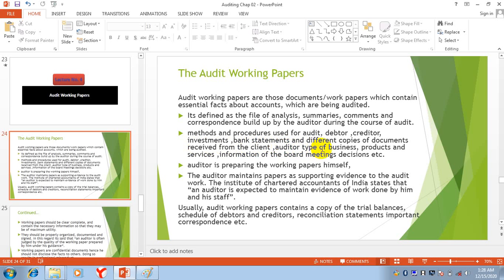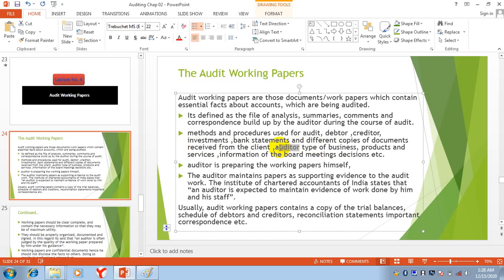Client type of business, sorry, this is not auditor, this is client. What is the type of business, products and services, what are his products or his services, information on board meeting decisions.